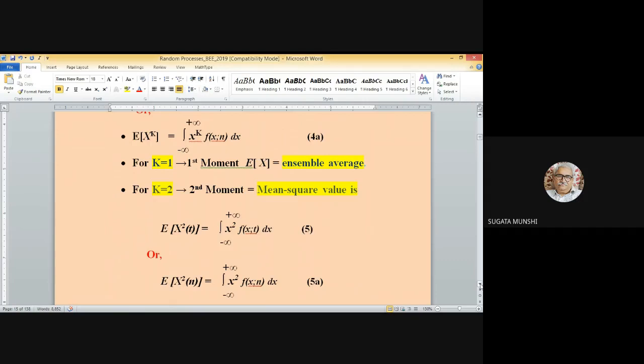We will also consider the centered random variables, xt minus mu xt or xn minus mu xn, the fluctuation of the random process about its ensemble average.